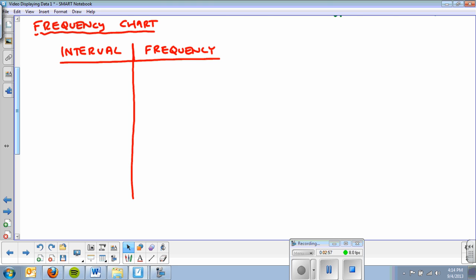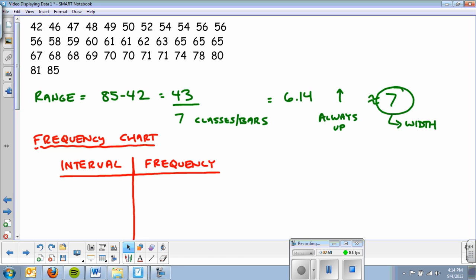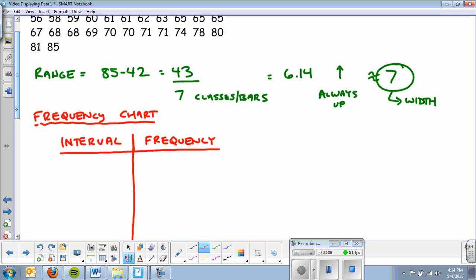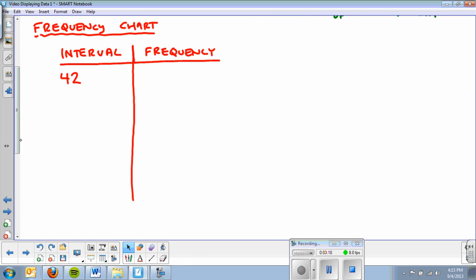Now, I'm going to start with the lowest number, which in this case is 42. So that's going to be my starting point right here. Now, my width is, again, 7. So I'm going to add 7 each time.